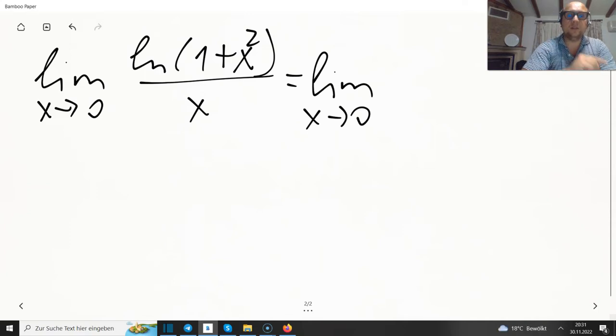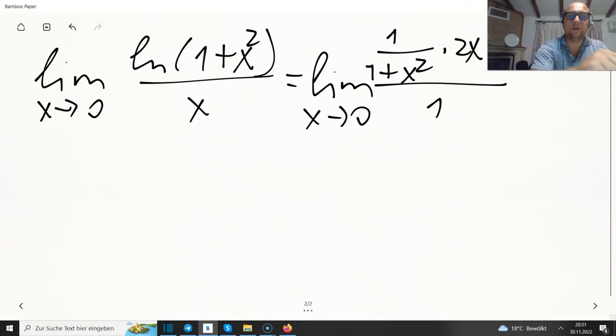In the numerator, through the chain rule, we get 1 divided by 1 plus x squared times 2x. In the denominator, we have 1. So what's happening here if x is running towards 0? Are we in trouble somewhere? As you can see, 2x is becoming 0, and 1 plus x squared is becoming 1.